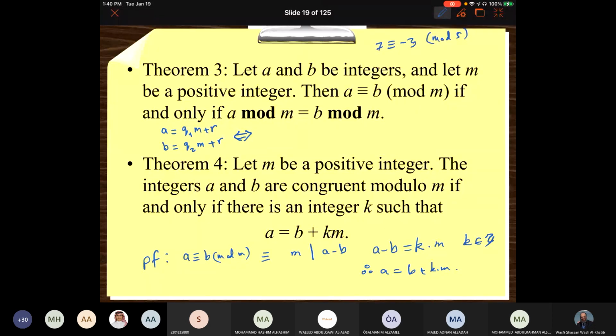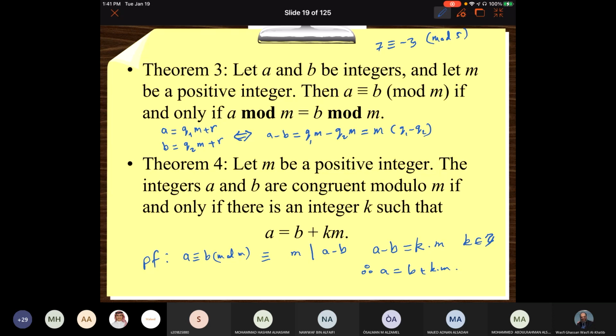So let's look at a minus b. If a is equal to this and b is equal to that, then a minus b is equal to what? q1 m minus q2 m plus r minus r. It will be a minus b equal to m multiplied by (q1 minus q2).